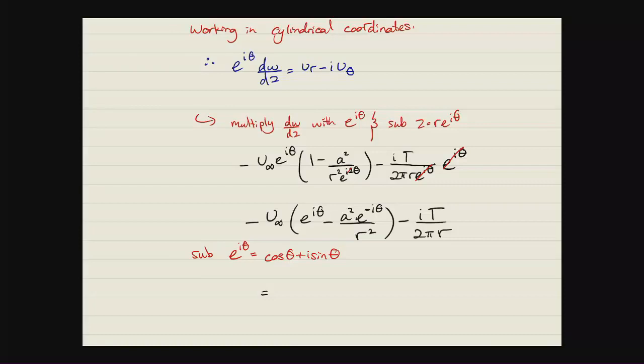Okay, so I'm going to substitute e^(i theta) with cosine theta plus i sine theta. That's just Euler's formula.